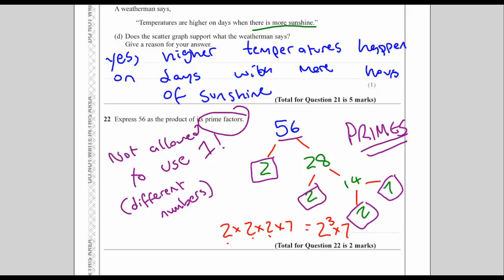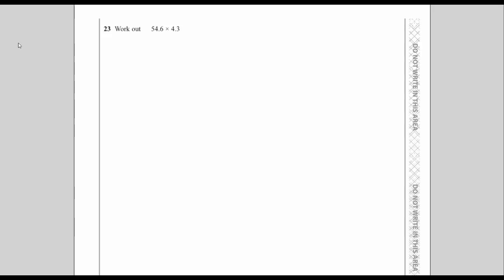Moving on. Question 23. Work out 54.6 times by 4.3. There are so many different ways to multiply numbers, okay, and I can only choose one method to show you.